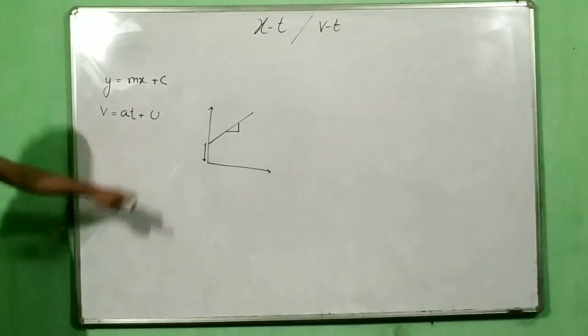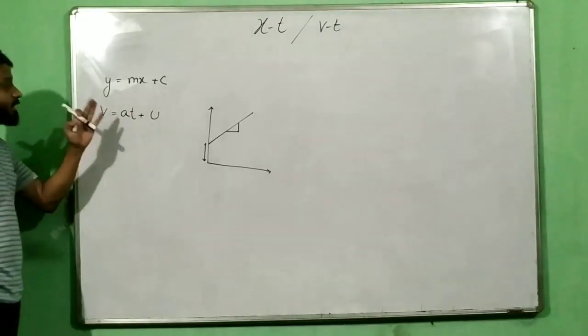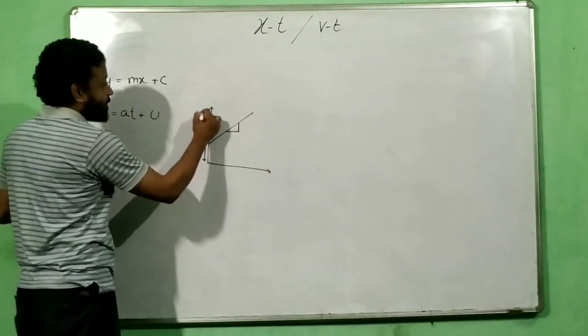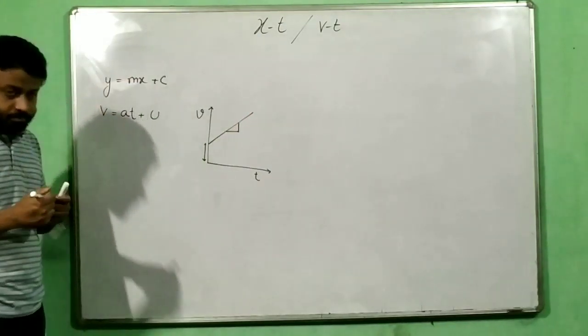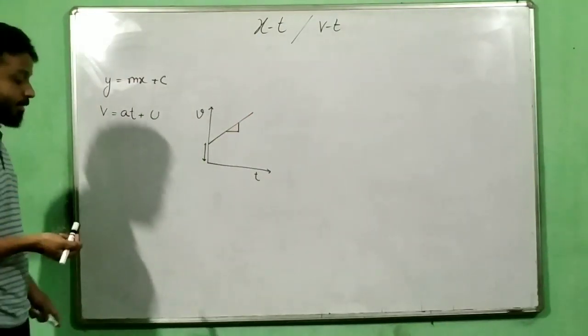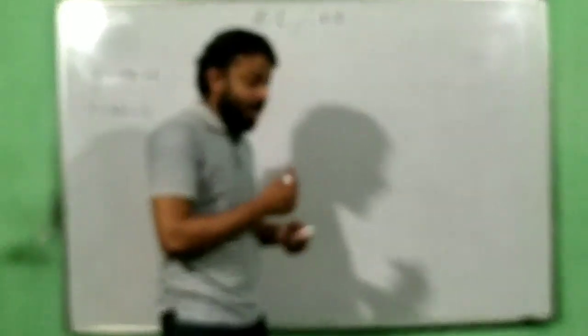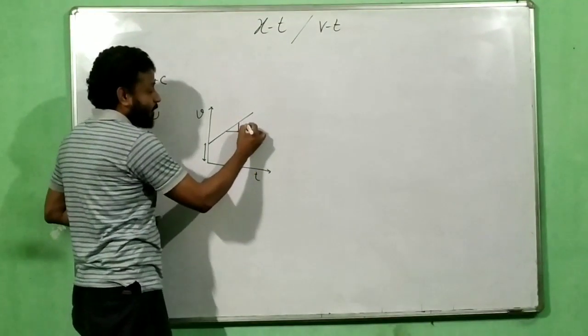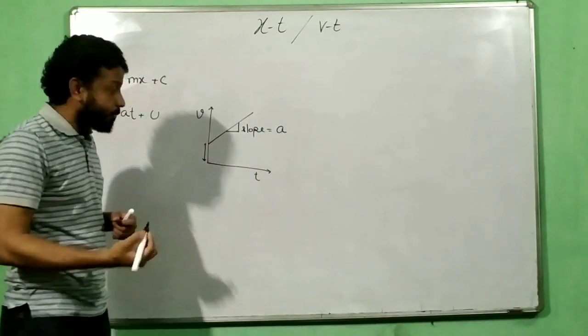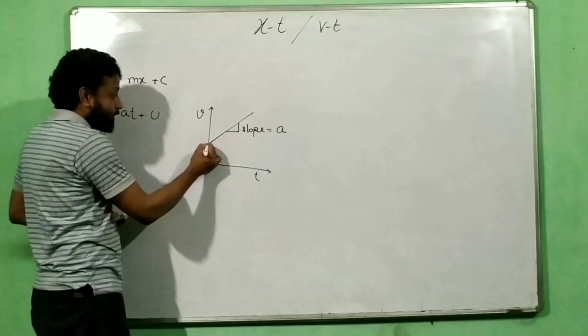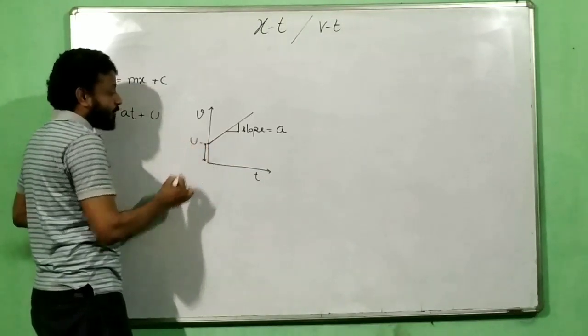That means if a body is accelerating, its velocity versus time graph will always be a straight line whose slope will give you the value of acceleration. We know how to find slope. And whose intercept will give you the value of initial velocity.